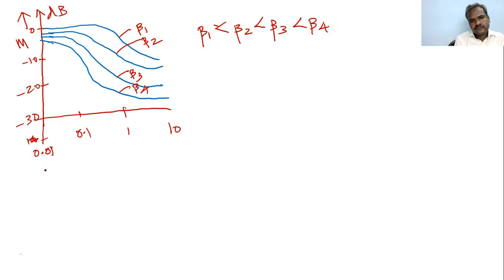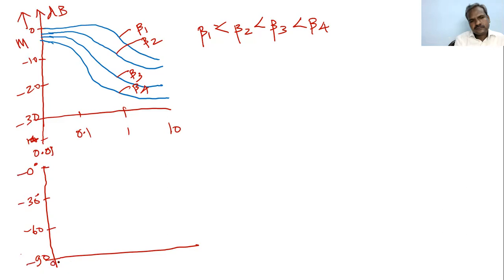Similarly, what happened to the phase plot? So 0 degree, 30 degree, 60 degree, 90 degree, minus 90 degree.